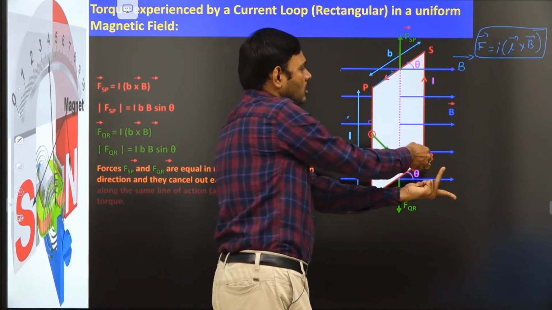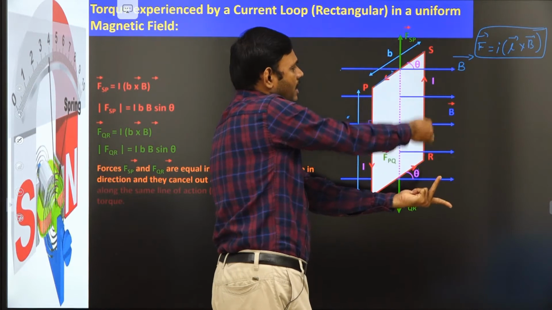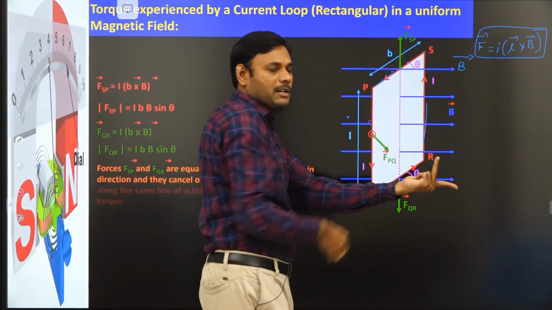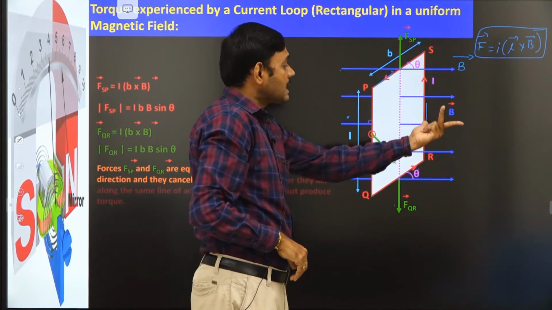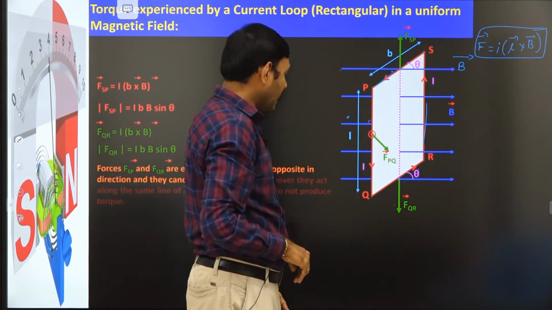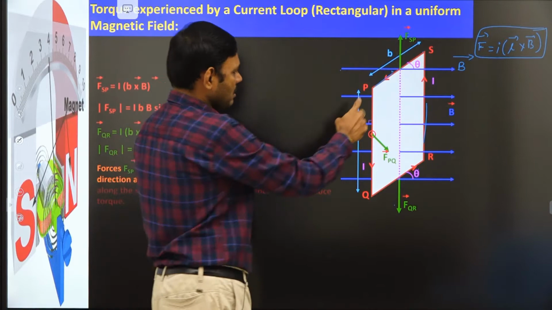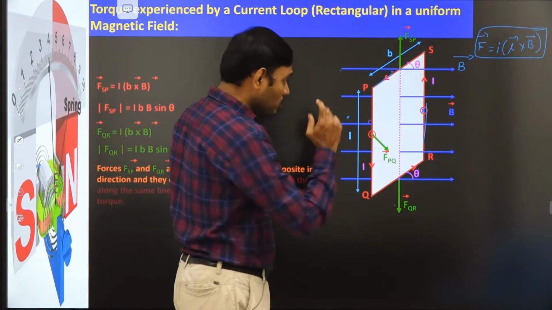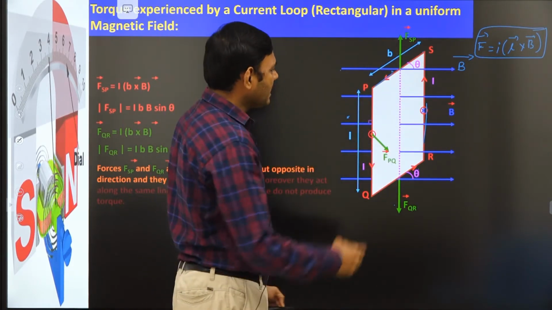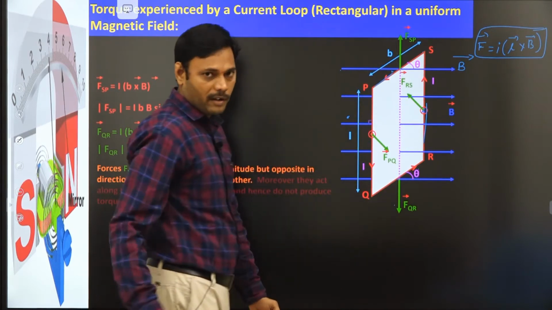Now the current through the wire RS is travelling in the upward direction, then the force is into the board. See the direction here, into. Once again see the animation clearly, into. So into the board the force is acting, so we indicate it like that, FRS.